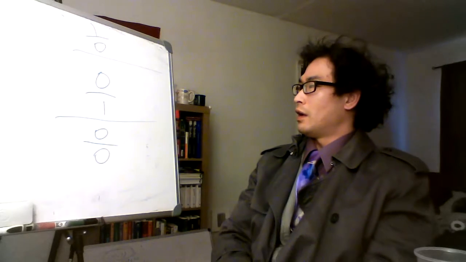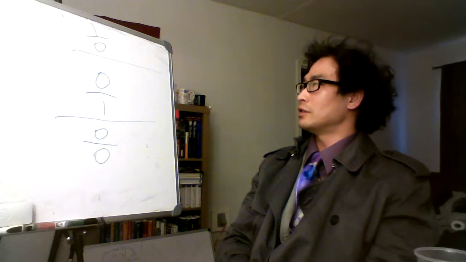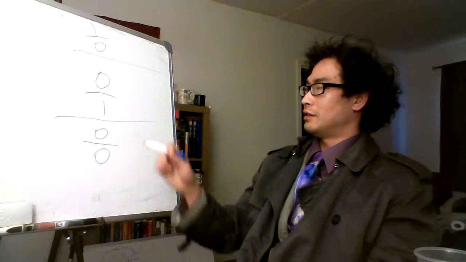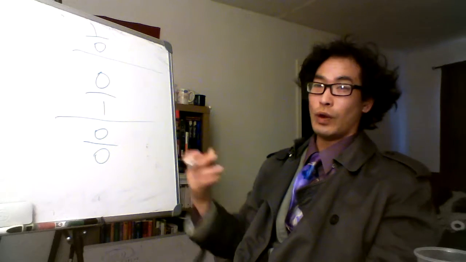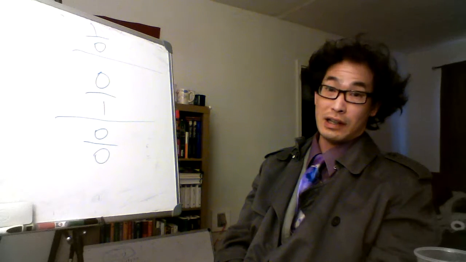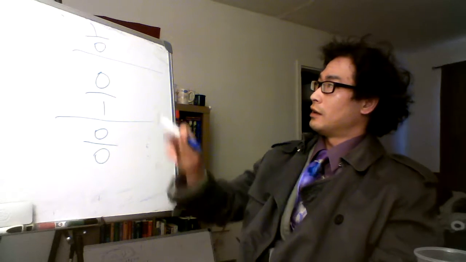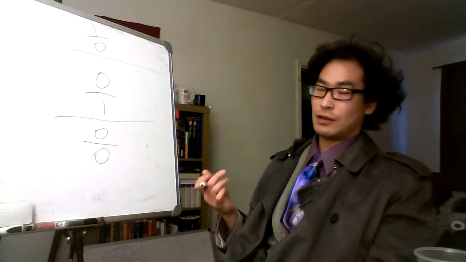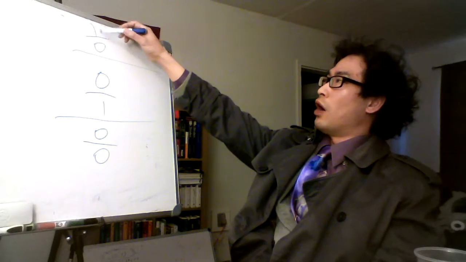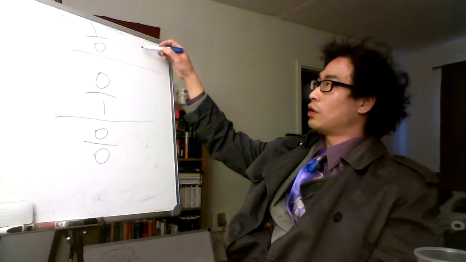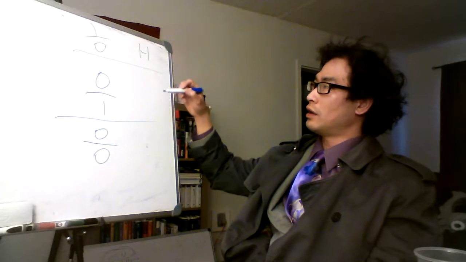And curiously enough, when I learned about this in South Korea in high school, they have this mnemonic, because this 1 over 0 is a Korean alphabet character. It corresponds to H.